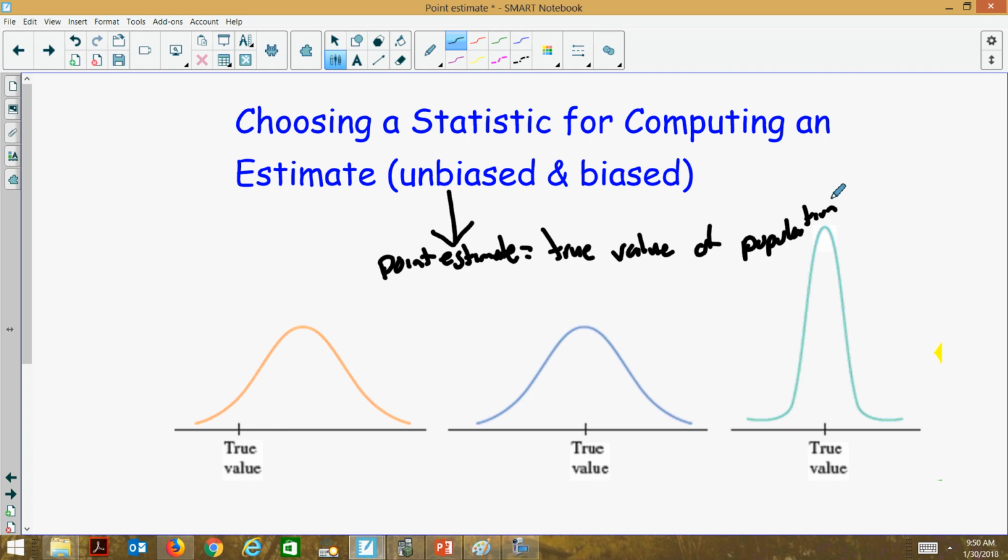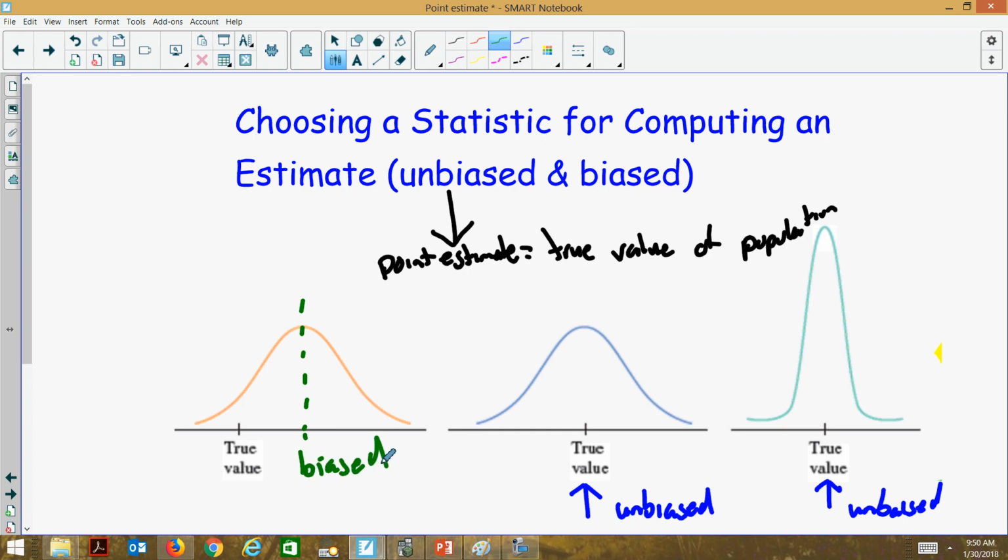So if we were to estimate our population characteristic, we would have an unbiased statistic here and an unbiased statistic here. This one would be considered biased because it is not in the center; the true value is not in the center of the sampling distribution.